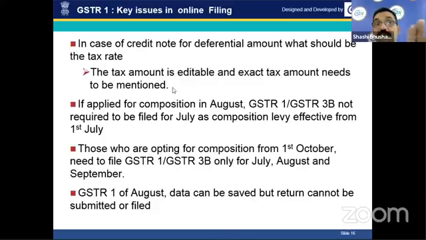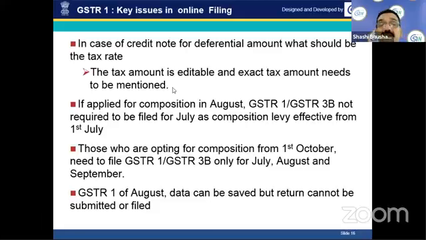Now, since this restriction is there in the UI that you can report only the standard rates, and if you have collected tax or issued a credit note or debit note for say 8%, then you should not worry about entering the 8%, but you should make the amount of the tax as per 8%.